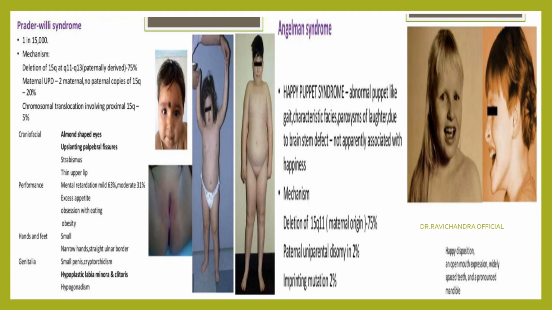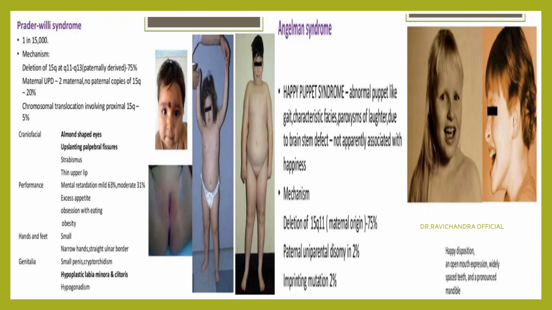There is a paternally derived deletion of 15q, P for paternal. Remember like that. Almond shaped eyes, upslanting palpebral fissures, hypoplastic labia minora and clitoris are the characteristic features of Prader-Willi syndrome persons.